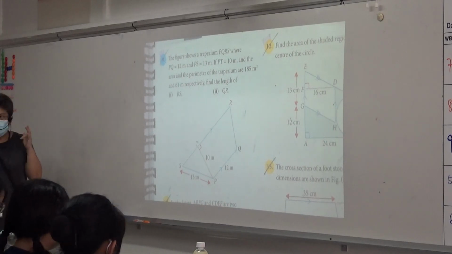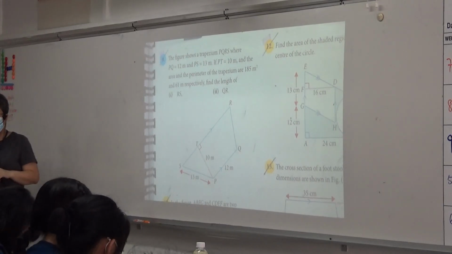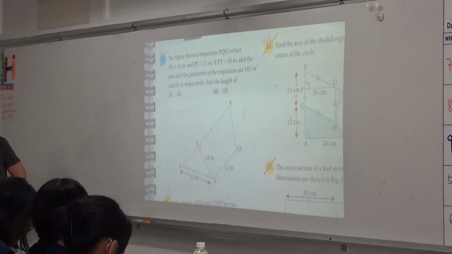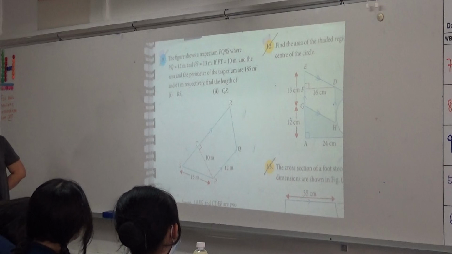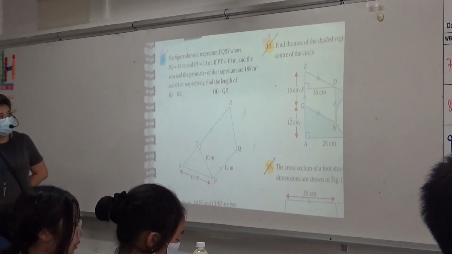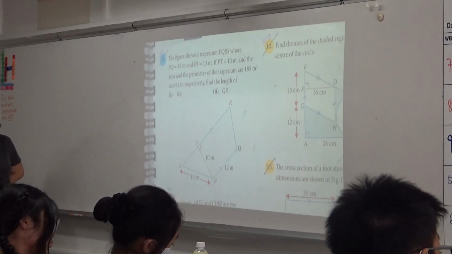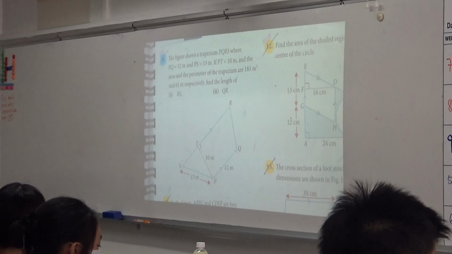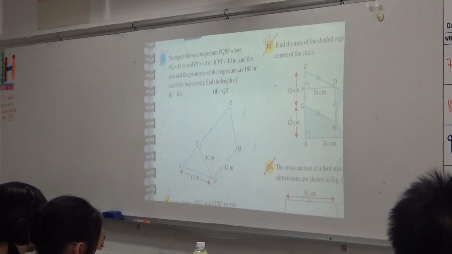It is like question 8B, but also slightly different, okay? If you don't know how to do it, at least read the question so that you know what's in it.